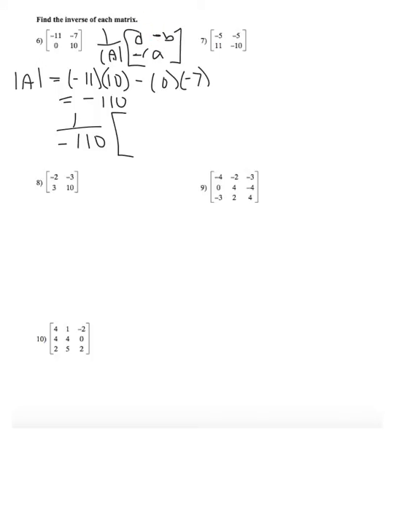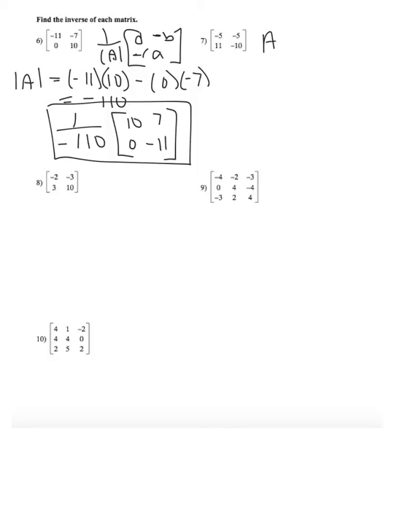Switch these two around, so that's going to be 10 and negative 11, and then negate the other ones. When I take 0 and make it negative, it's still 0, but when I take the 7 and make it negative, it's going to become positive 7. And you do not have to multiply in the 1 over 110. So doing 2x2s is pretty straightforward.